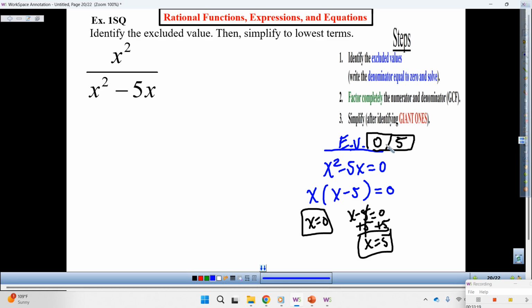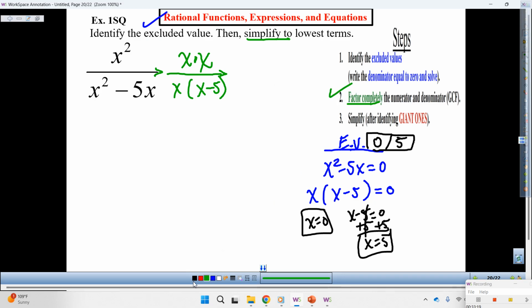Yeah, 0 and 5, because that tells me that now there are two of them. All right, so we're done with that part. Let's simplify. What do we do to simplify? Factor completely. So, how do I rewrite x squared in factored form? x times x. Yes, that is correct. Next, what is the GCF for the denominator? x, and that leaves us with x minus 5.